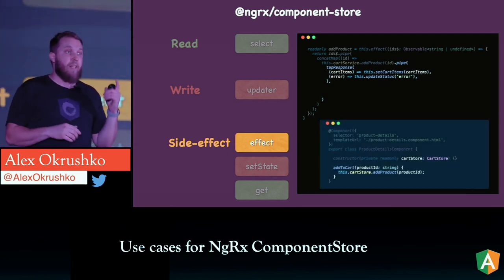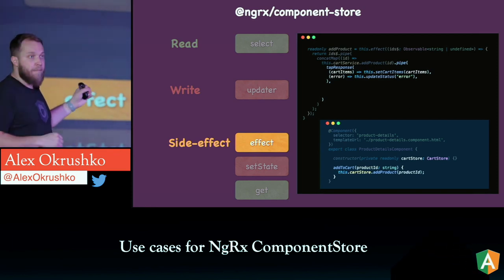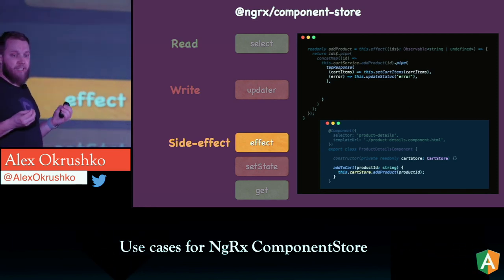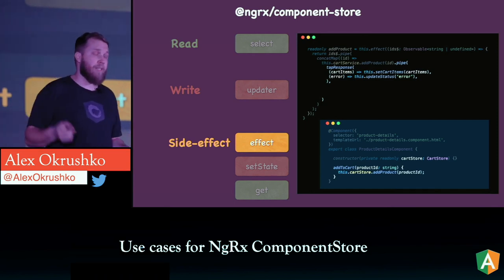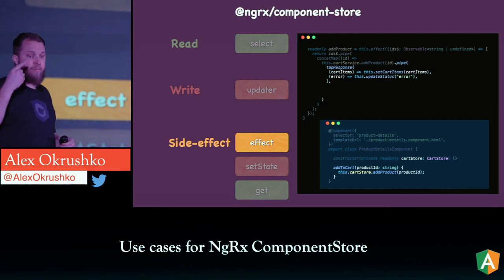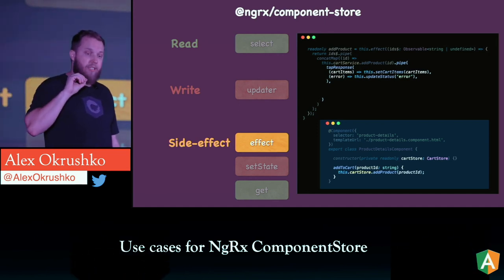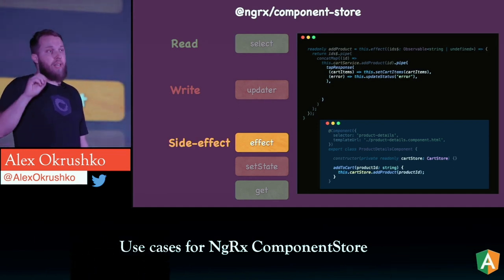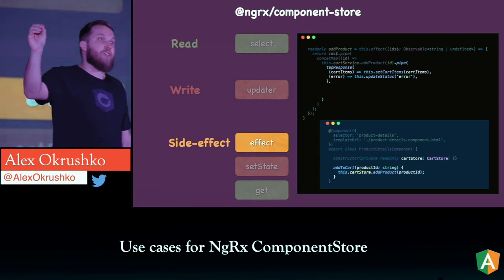Oh yeah, by the way, let's see how we can call this effect from our component. For example, we have the add to cart method on our component. For example, on click button, right? And it would have this product ID. And you can see here, right, we injected the cart store, and we're calling add product. But again, I'll try to draw your attention.